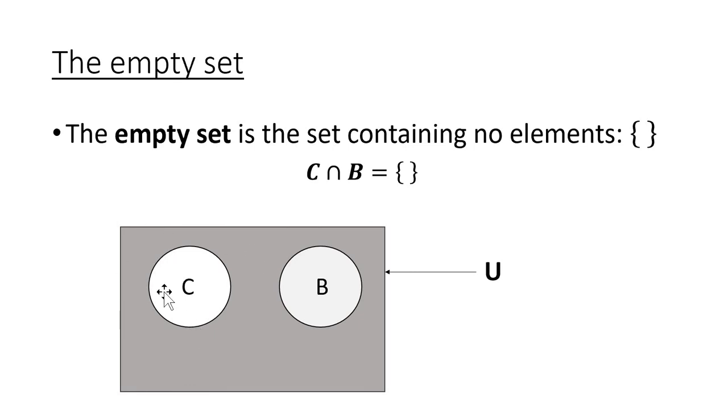And again, this is the graphical representation. There is no intersection of them. They do not contain any common elements. That's why their intersection is just an empty set. As simple as it is.